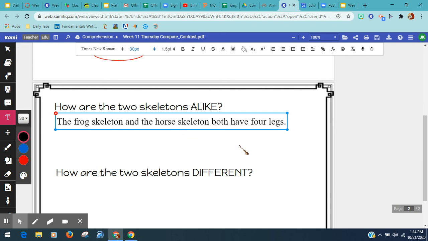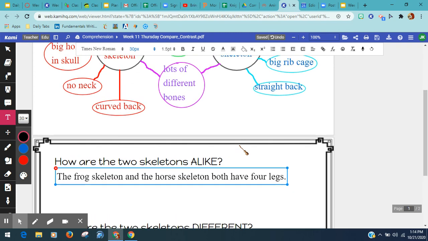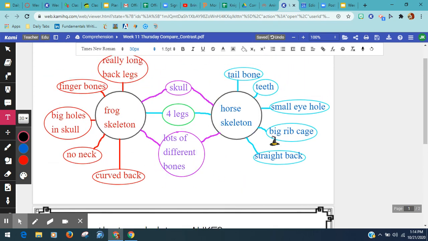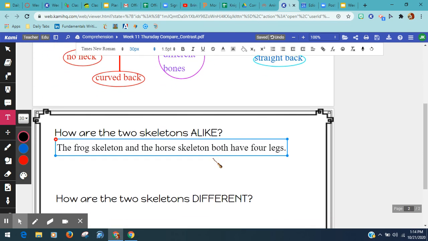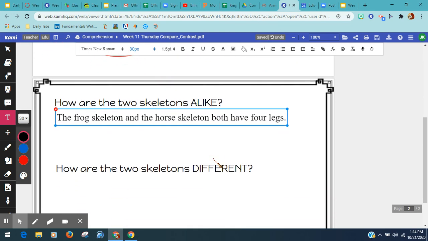That's what you're going to write. Yes, I want you to write it right now. You guys can do it right on the same page as your map if you have room, or you can just do it on the next page of your spiral notebook. But I'm going to have you write this sentence down. The frog skeleton and the horse skeleton both have four legs. I used the word and, I used the word both, not because this is a compound sentence, but because I'm talking about the frog skeleton and the horse skeleton.